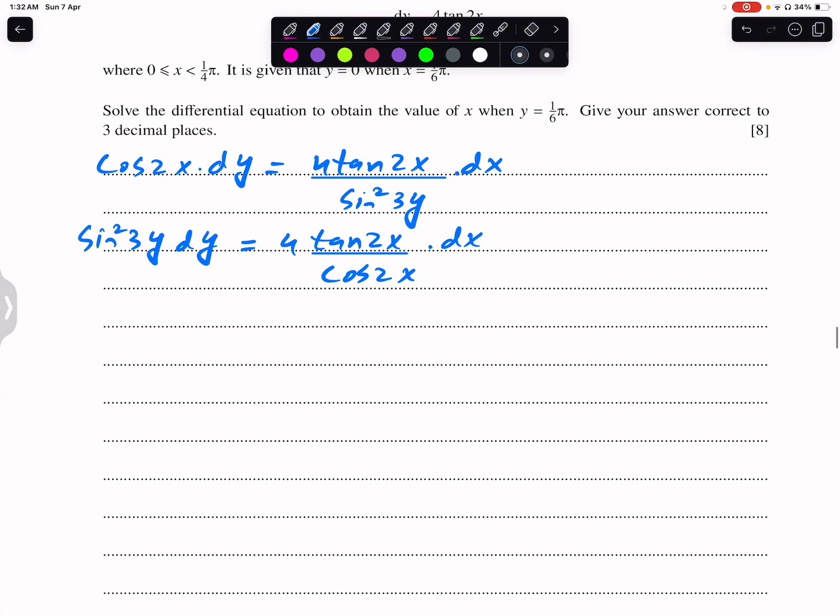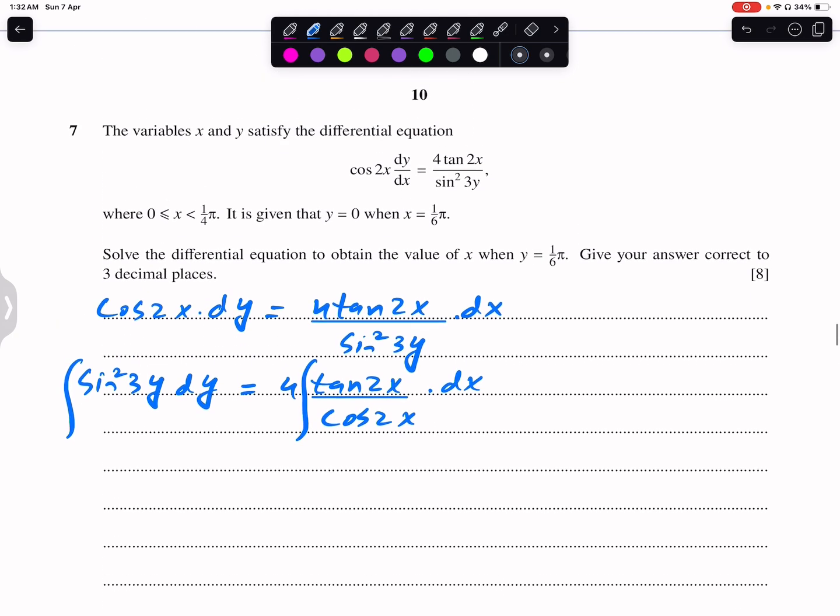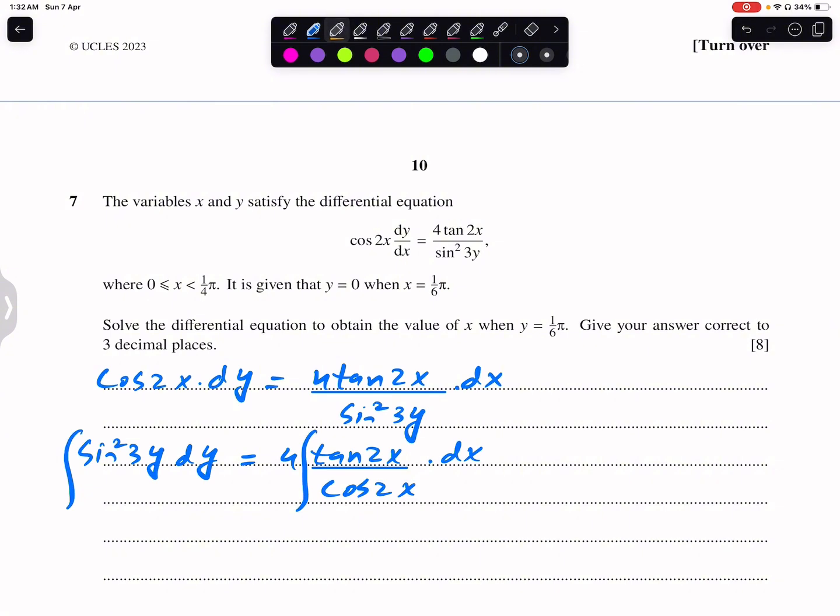Now apply the integrals. Student, before applying the integral, first remember the formulas of 2 special identities from trigonometry. The first special identity: 2 sine square theta is equal to 1 minus cos 2 theta, and the other is 2 cos square theta is equal to 1 plus cos 2 theta.